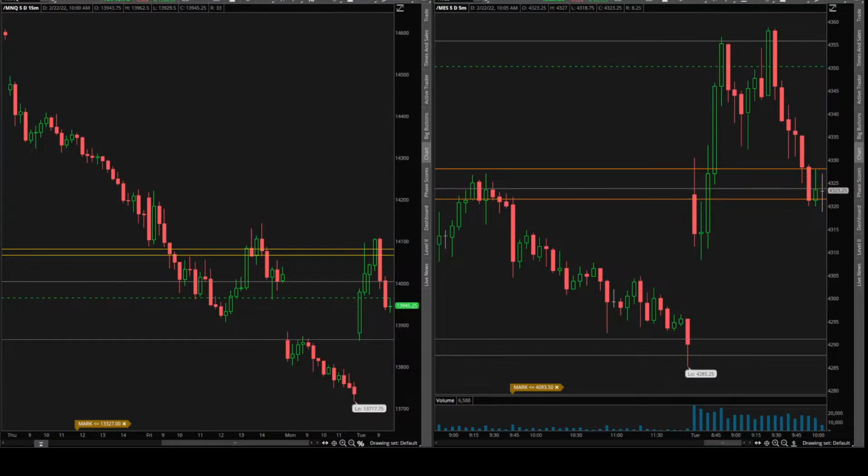See if we push it higher here. Looking weak. Alright, I'm stopped out again. I've got just a tiny bit of my position on still.